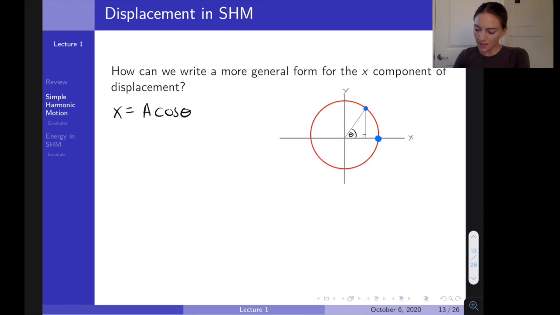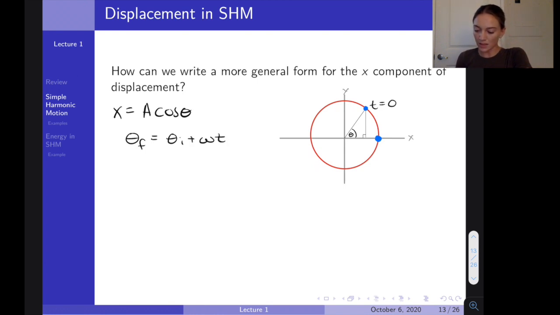Well, let's say our t equals 0 was right here. So it started over there. And I want to know, like 10 seconds later, what angle is it going to be at? So what's going to be the x component of the position, and that means I need to know the angle theta. So we can actually use our kinematics equations from uniform circular motion. We had theta f is equal to theta i plus omega t.